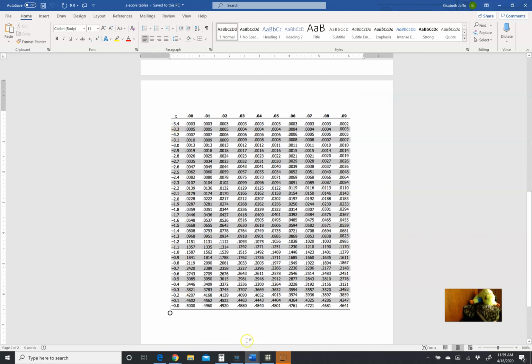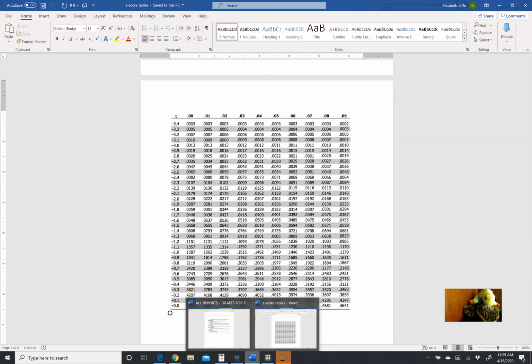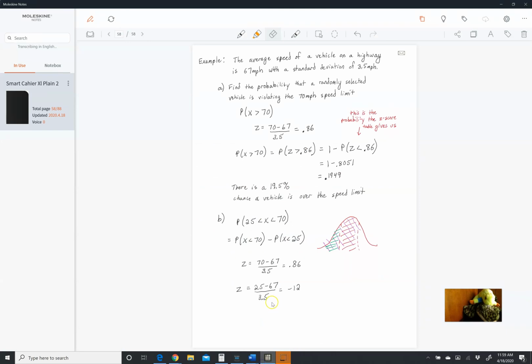What this tells us is that nobody is going at 25 miles per hour. You have no cars going at 25 miles per hour. They're all going faster than 25. So essentially what you're doing is 0.86 minus 0.